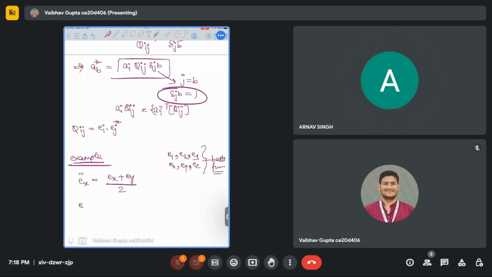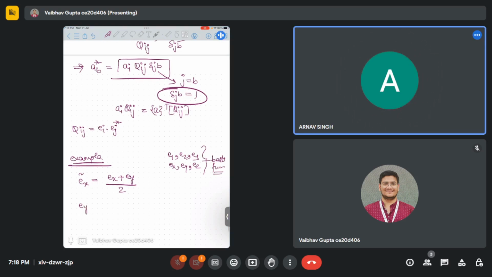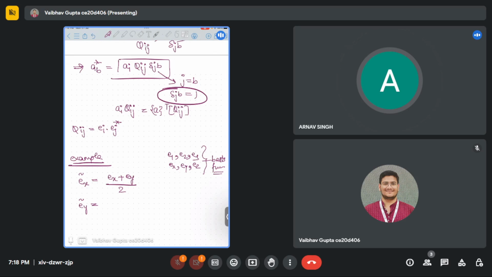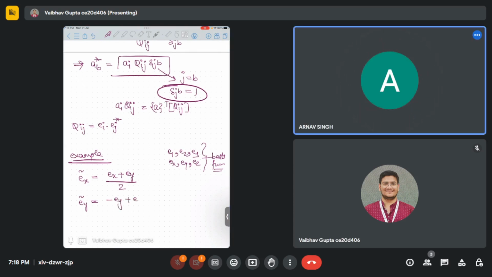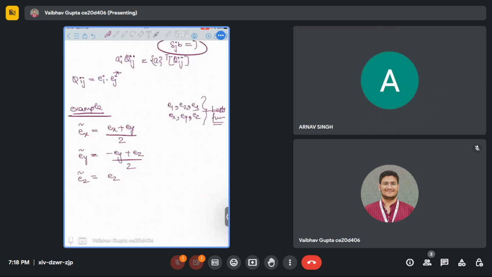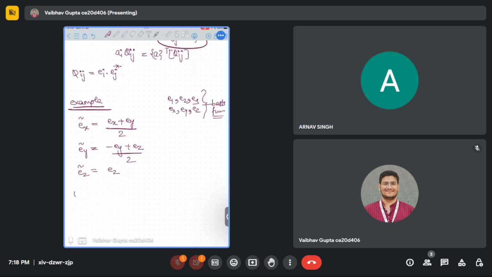The second person will say, I will define these functions like these. Now you have one vector u.